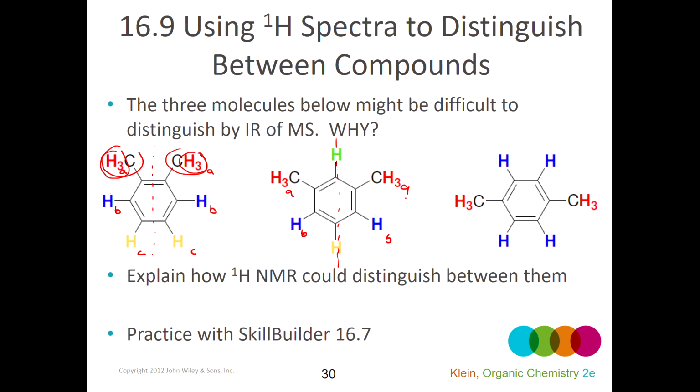But I don't have any symmetry here, because up here this one's sandwiched between two CH3s and this one's not. So here I would get a total of 4 signals in the proton NMR. Now those signals might be similar, and so they might overlap and it might start to look like a big multiplet, but if I had a really nice, powerful NMR machine, I could separate those out and see their individual signals.